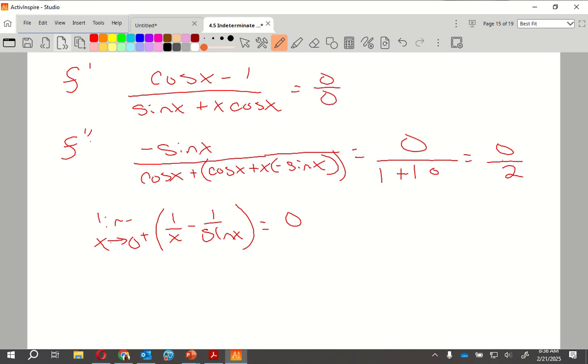How do you know how far we should go with the derivatives to turn it into determinate? So if you keep getting indeterminate, as far as I've ever gone is I've had to do the second. If you have to go further than that, then you might have issues.